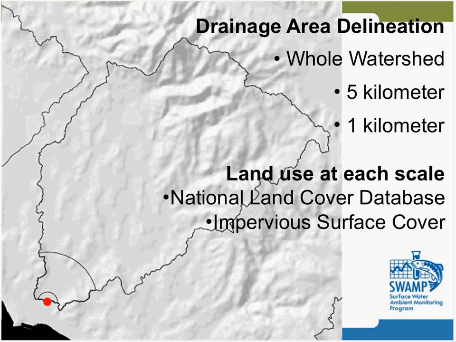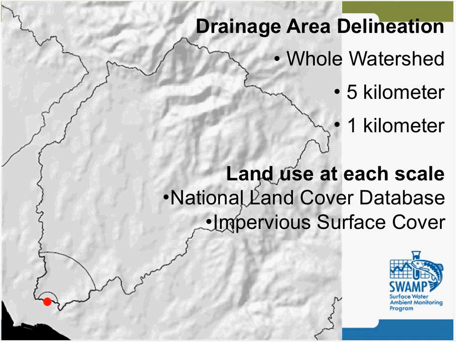Okay, switching from toxicity now. A part of what we're trying to do in the SPoT program is relate what's going on at our integrator sites to land use upstream. The land use data we're using are the National Land Cover Database and the Impervious Surface Database. These drainage delineations and land use characterizations are all put together by Pete Ode's group at Cal State Chico. So what I have here is the little red dot as an example of one of our watersheds, the integrator site.